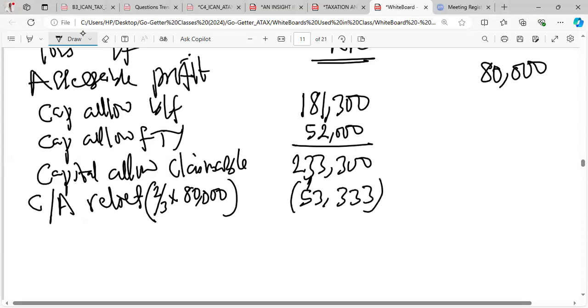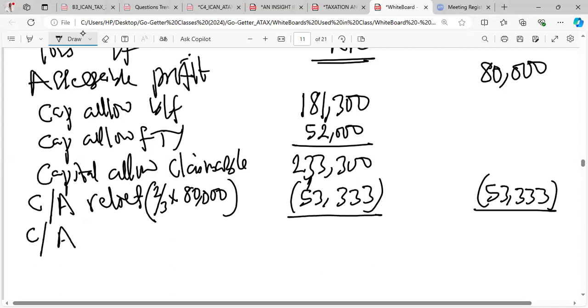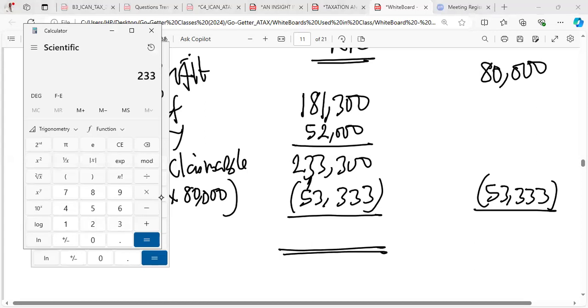That is what I'm going to relieve here. Then my capital allowance carried forward is 233,300 minus 53,333. That gives me 179,967.